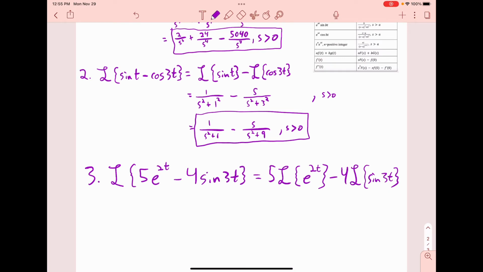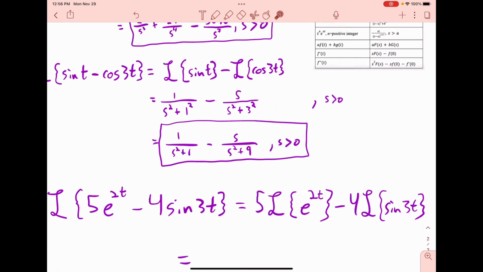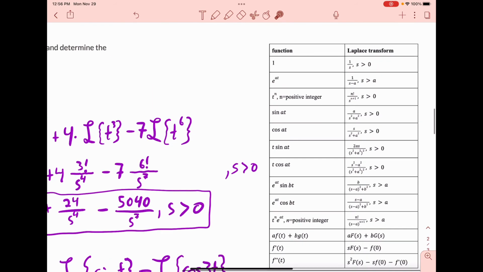Let's go ahead and look at our table to see what these Laplace transforms should be. This is a Laplace transform of e to a power t, but it's a power with a constant in front of it. So we're going to look in our table for something of that form. And here we see the second row in the table, e to the power a number a times t. It's simply 1 over s minus a.